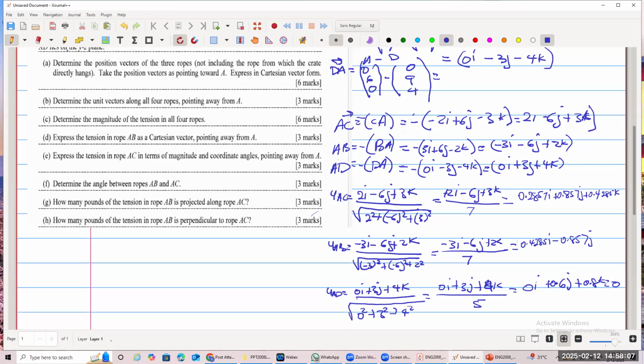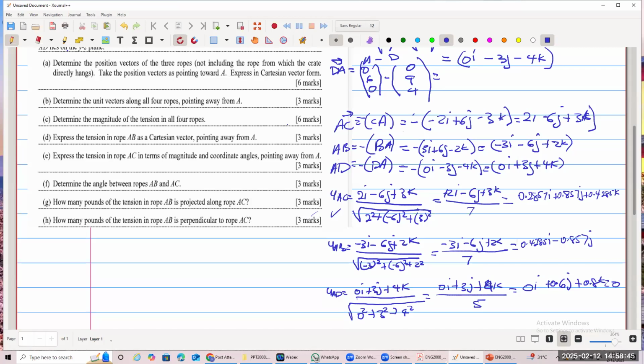Hold on, AC. Let me check AC. It must have minus 6. This one here you're talking about, the first one right here. Isn't it supposed to be minus 0.857J, which is what I have, plus 0.4285K?